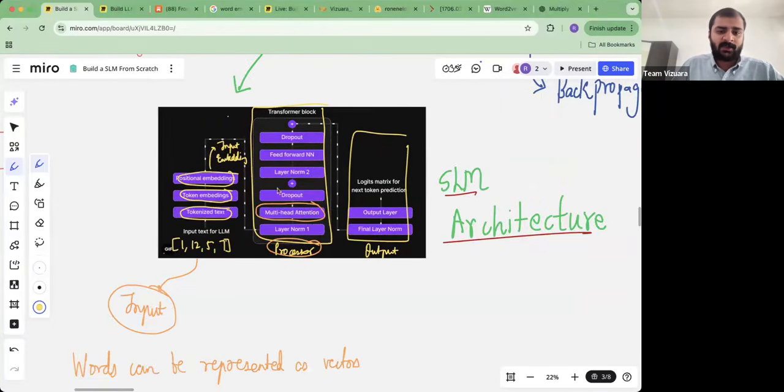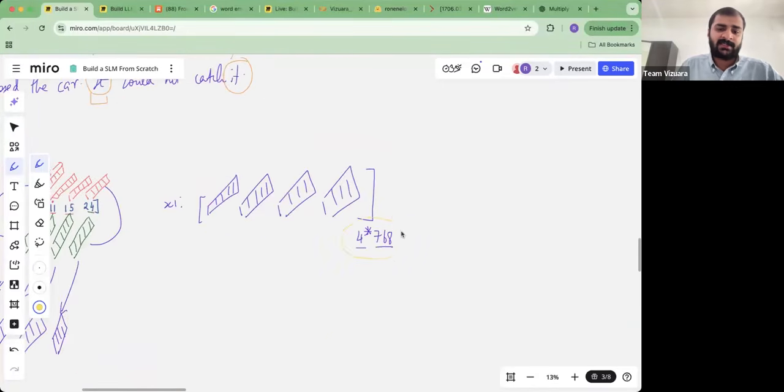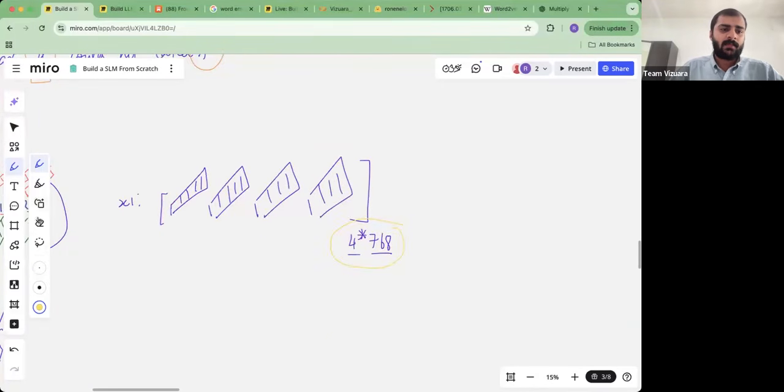So the size of the matrix which passes into the processor block is 4 multiplied by 768. Is this clear to everyone? In the first part, the token embedding vector is added to the position embedding vector, and it gives rise to the input embedding vector.